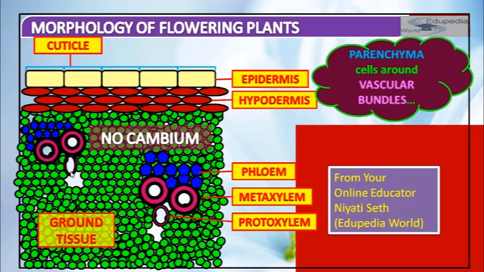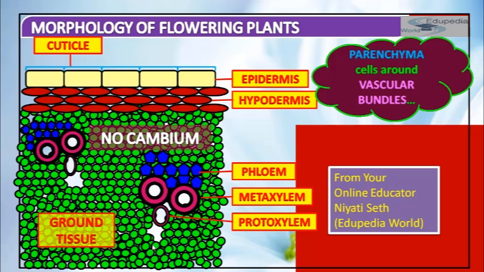The lower protoxylem, I'm talking about this one, is non-functional and it remains as a water-filled cavity called lysigenous cavity or protoxylem cavity. That's why it is not represented by an oval shape just like this other protoxylem.